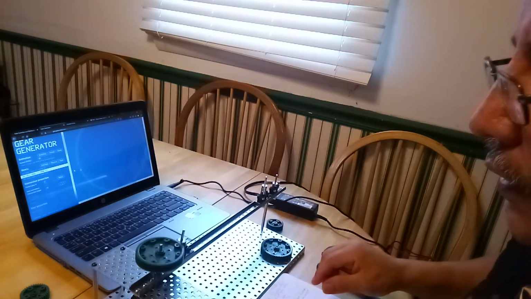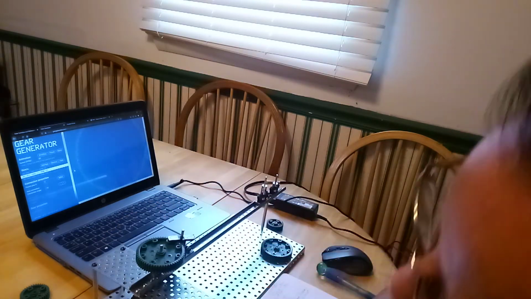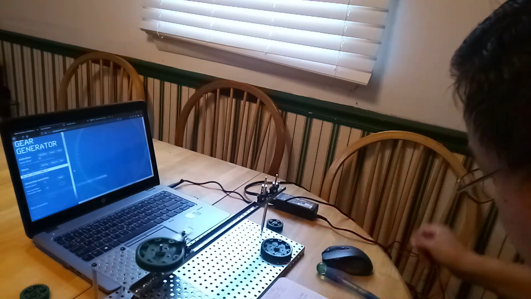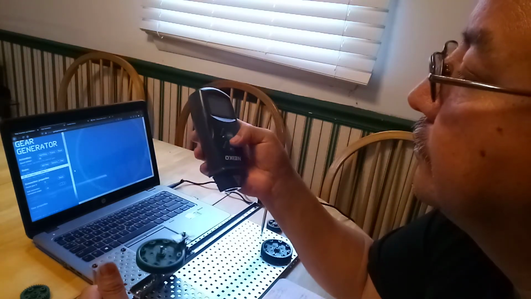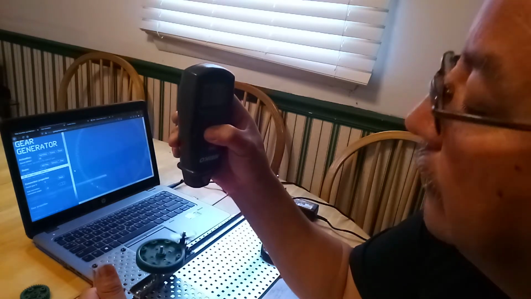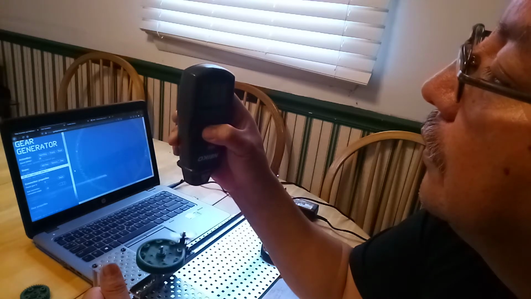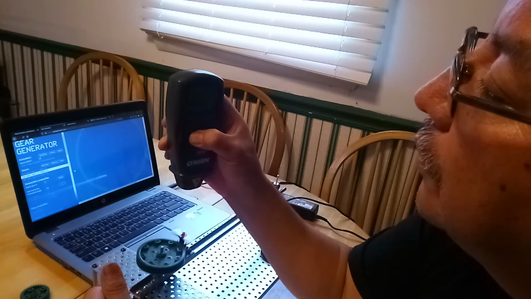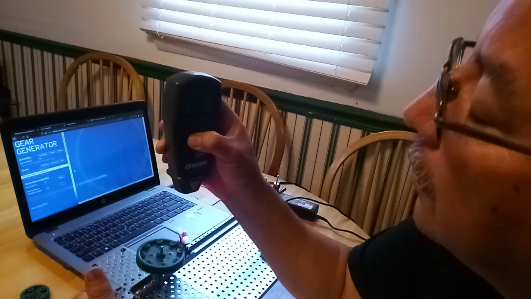The speed is increasing, but we lose torque in this configuration. So we have almost 880 RPM divided by 2.